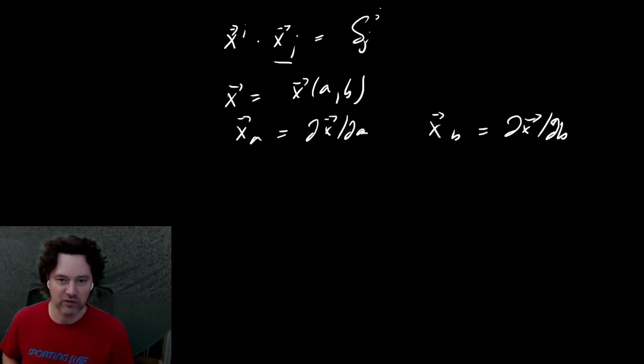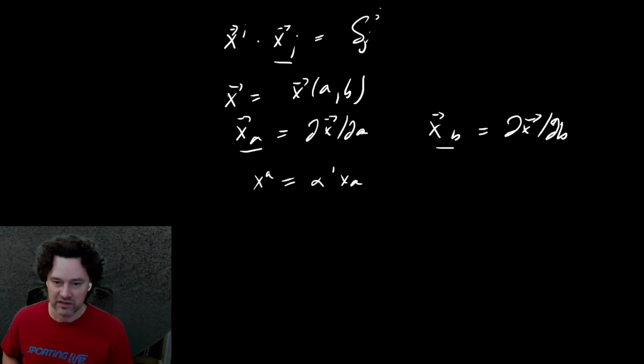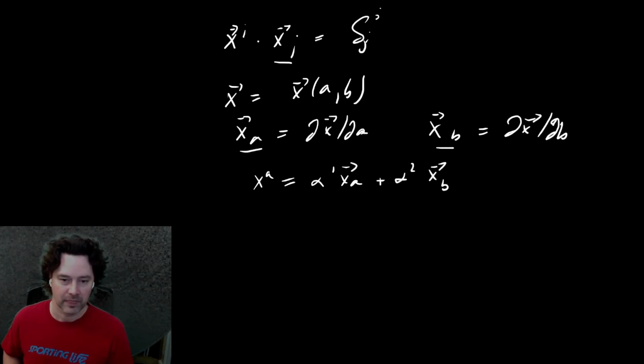You can think of this problem as a general problem given x_a and x_b, and they don't have to be curvilinearly derived like this. But if we have these, then we suppose that x^a is some alpha_1 x_a plus alpha_2 x_b.